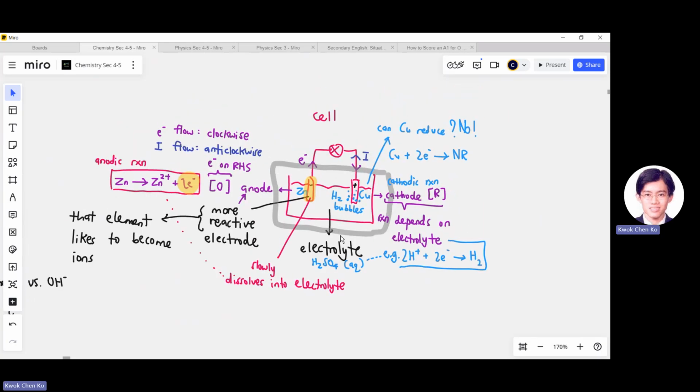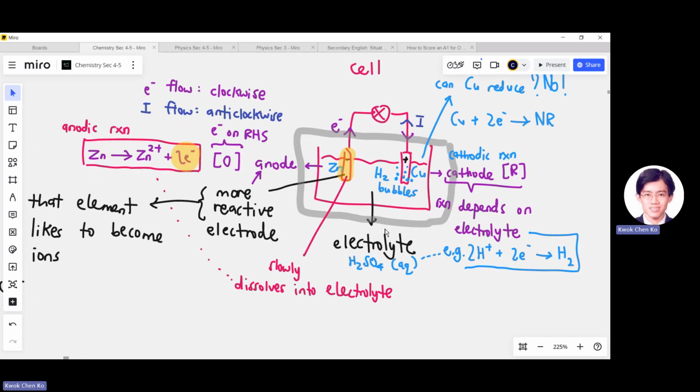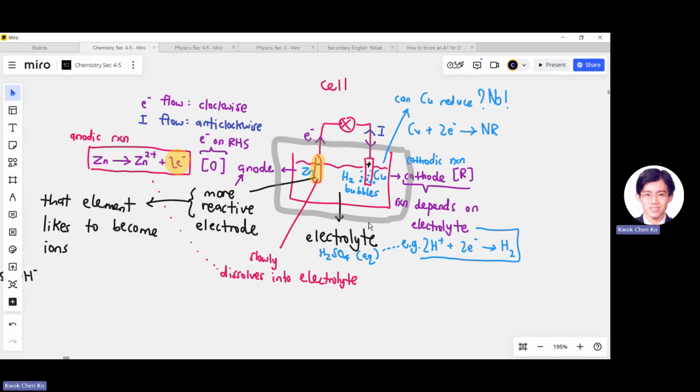Okay, this was the cell that we did earlier at the beginning of the lesson. What's the overall equation? You know this is an ionic equation.